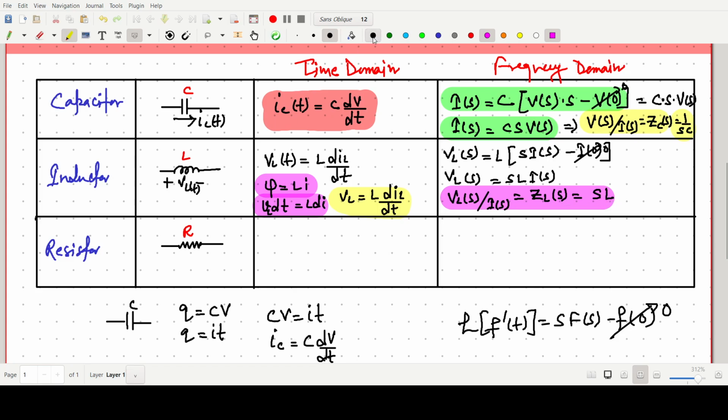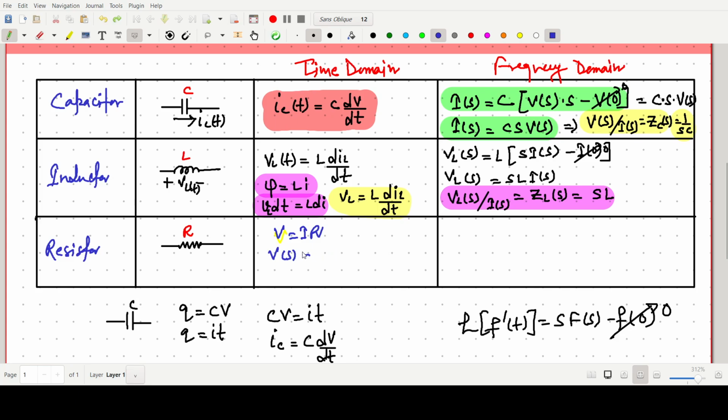Clear this one? Now for the resistance. If there is some resistance and current is flowing, simply we know V equals I R, and R is constant. This one is in the time domain.